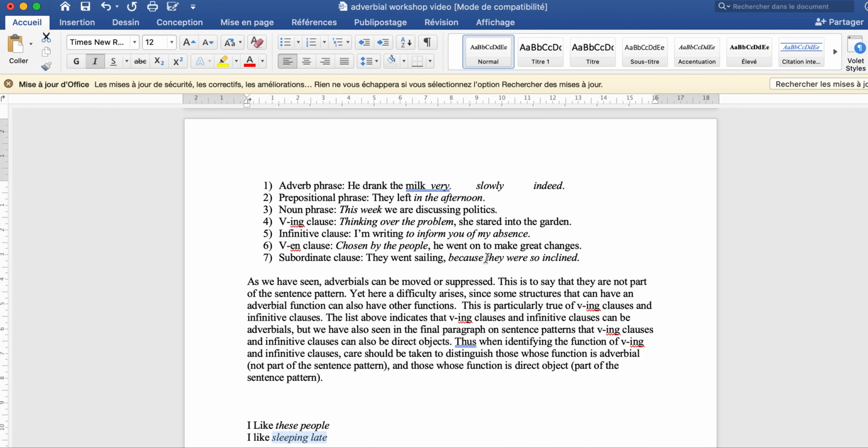For example, the group of words they were so inclined is a perfect sentence, right? But once we add because to it, it becomes subordinated, right? So that means we're just going to call this loosely a subordinate clause. Now, unfortunately, we don't really have the best.